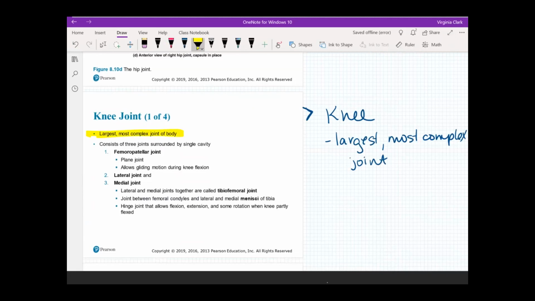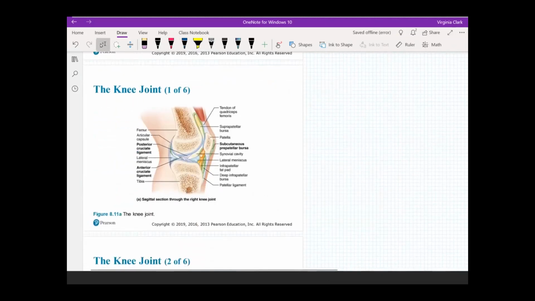That's because we are connecting not only the femur, but you're connecting it to the patella, and you're also connecting it to the tibia, which is then connected to the fibula. But the fibula and the femur do not actually connect. So essentially, it's a bunch of different small mini joints made up into the larger knee joint.